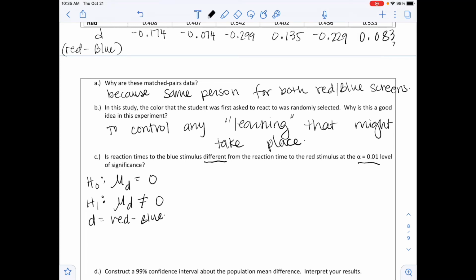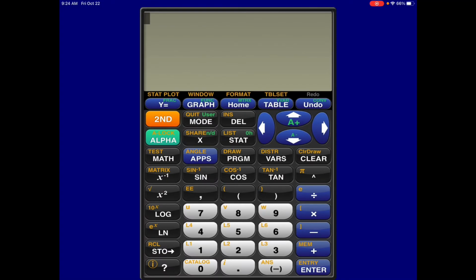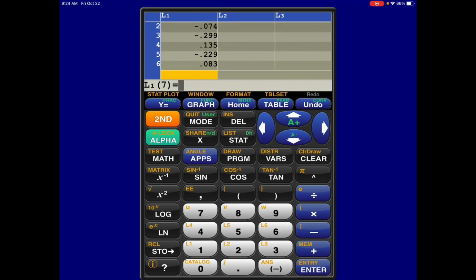So in order to do this, we need to input our differences into the calculator. So the differences, I'll go ahead and circle up here. These values need to go into L1. On your graphing calculator, you need to go to Stat, to Edit, and then enter in the differences into L1. Double check to make sure you have those entered in correct.